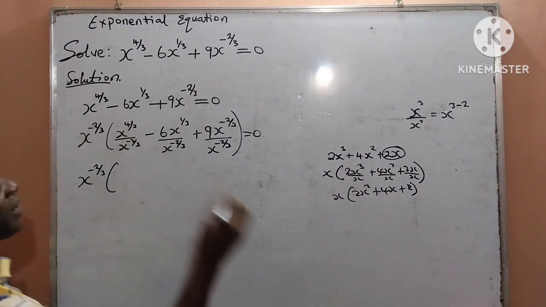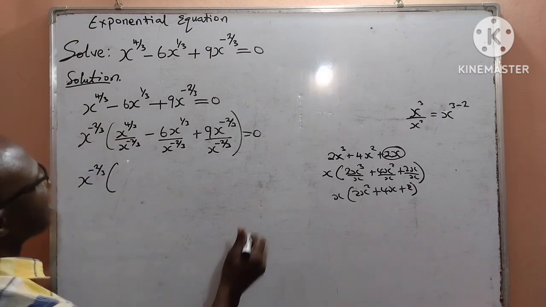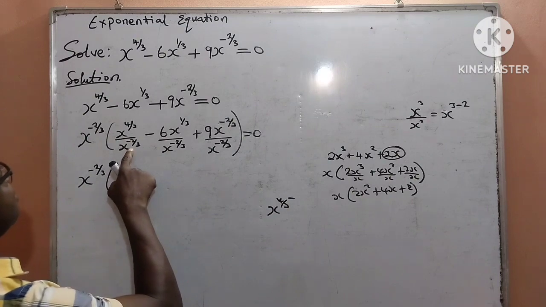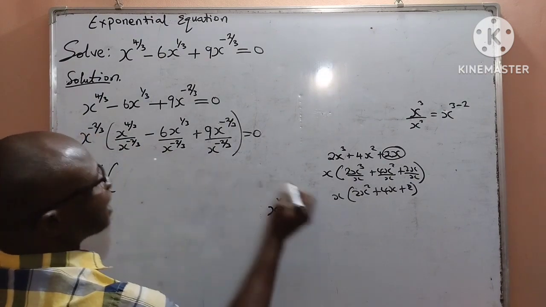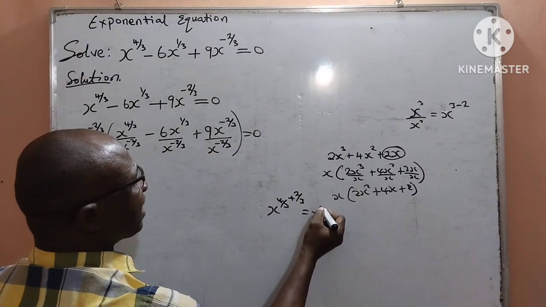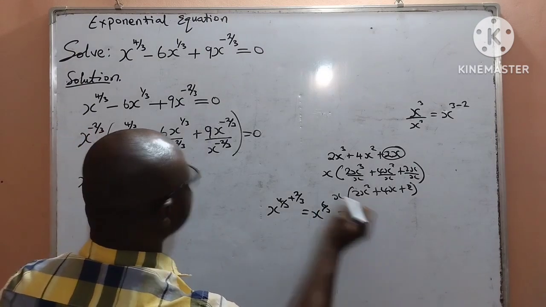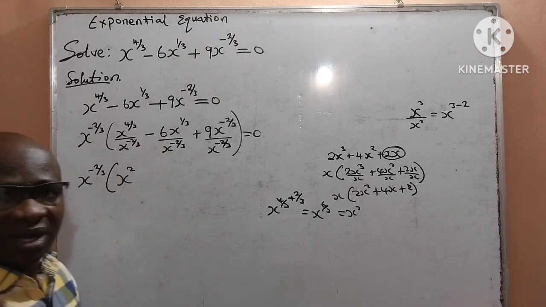Meaning, from this, I am going to have x raised to power 4 over 3 minus the denominator, which is minus minus, now plus 2 over 3, giving me x raised to power 4 plus 2 is 6 over 3, equal to x raised to power 2. So in the first, I have x raised to power 2.